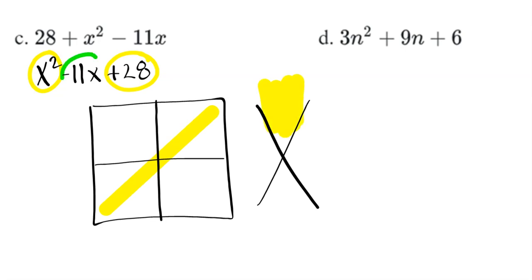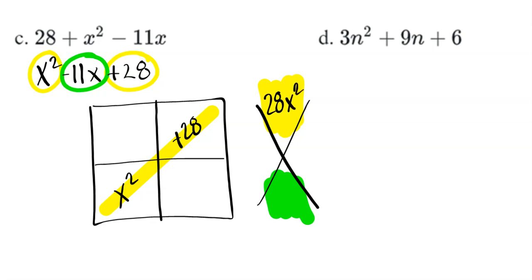And then we have our middle term here, which is going to end up going right there. All right, so we have x squared plus 28, which is going to leave us with 28x squared, and then we have a negative 11x here. And negative times a negative is a positive, so both of these have to be negatives because we're adding them together. And that would just be 7m and negative 4m.